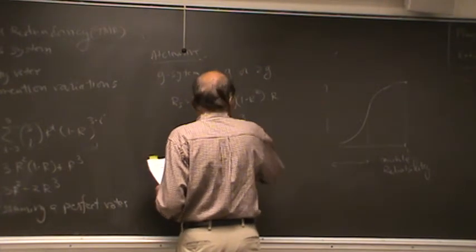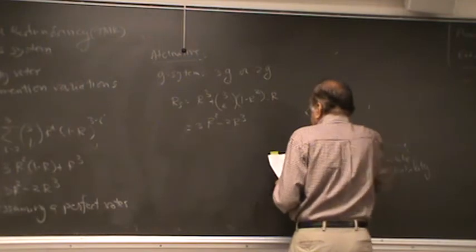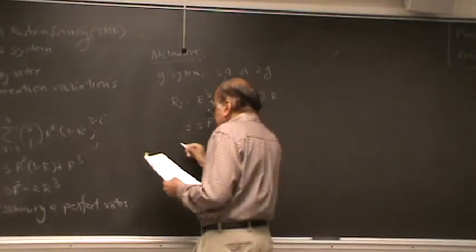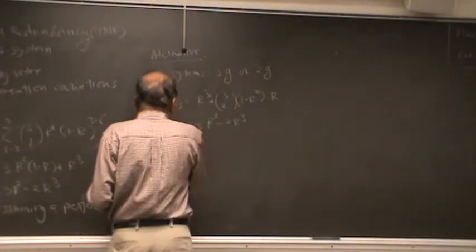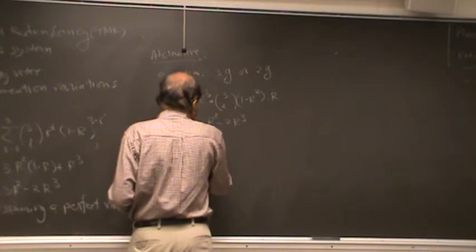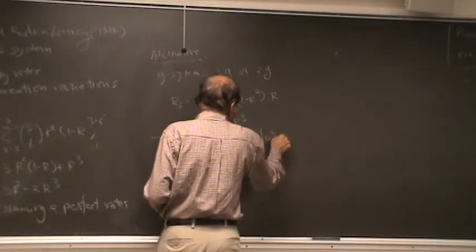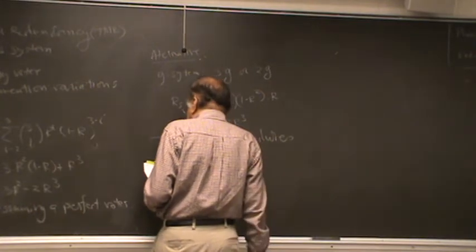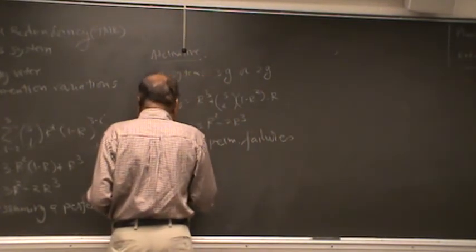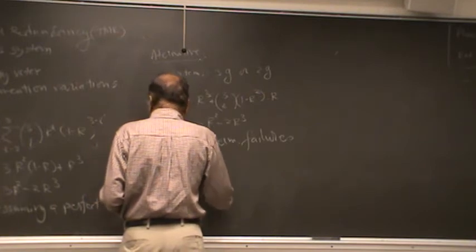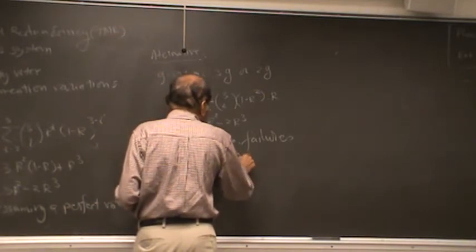Let us consider TMR with permanent failures. And let us assume that the reliability of an individual module is equal to e raised to minus lambda t.